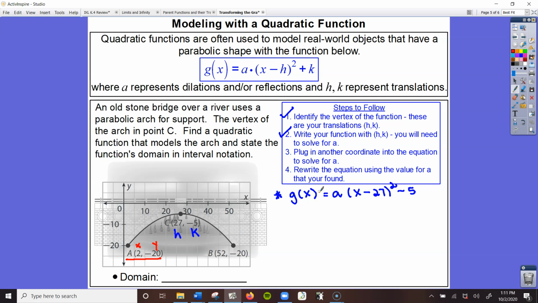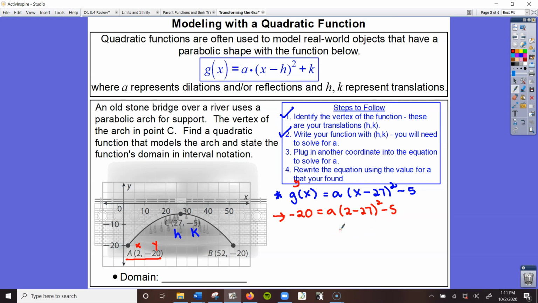Keep in mind that g of x in function notation represents the y. So I'm going to replace g of x with the y value, which is -20, is equal to a times, and then the x value, which is 2, minus 27 squared, minus 5.